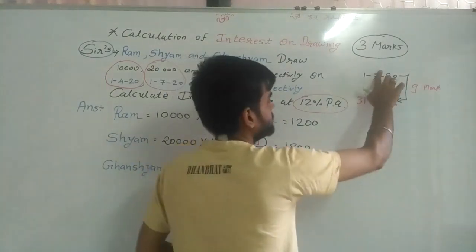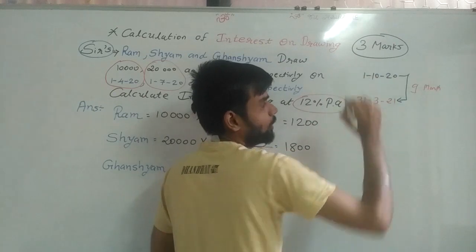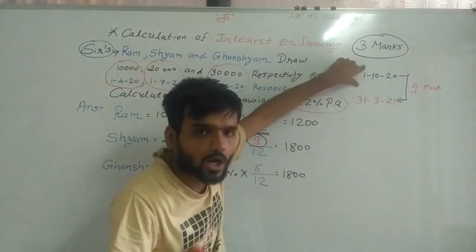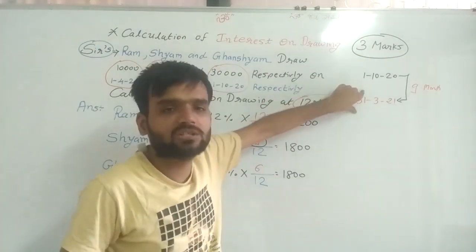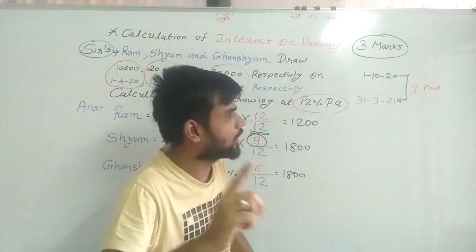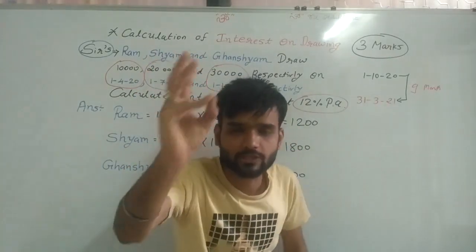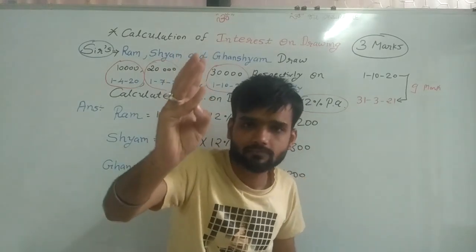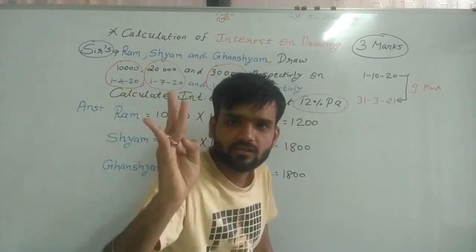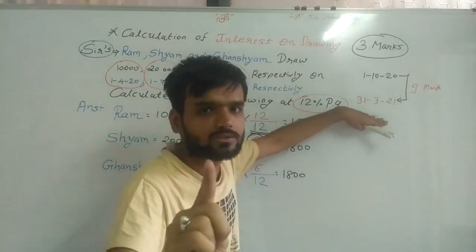So change the date from 1/10/20. So here write 1/10/20. From 1/10/20 up to 31/3/21, how many months are there? So again calculate: 10, 11, 12, 1, 2 and 3. So up to year end there are 6 months.